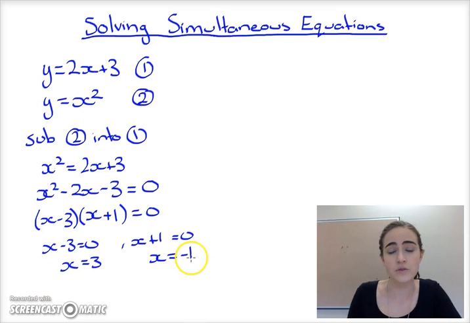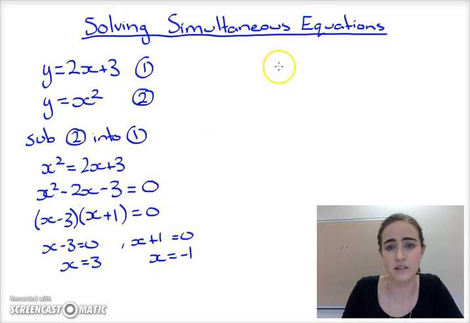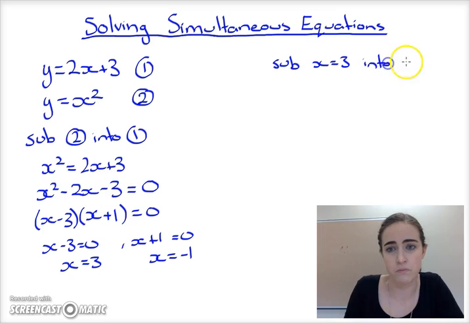So now we've got the x coordinates of both our points of intersection. Now we need to figure out what the y coordinates are as well. So we'll substitute x equals 3 and x equals minus 1 into one of these equations. Doesn't matter which one we pick again. If we sub x equals 3 into equation 2, then we'd have y is equal to 3 squared, which is equal to 9.